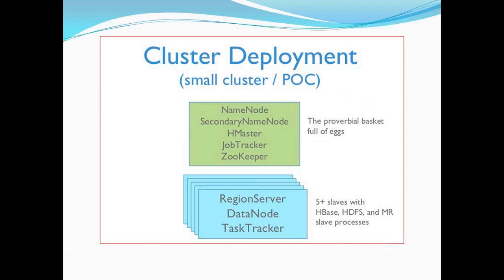Down below you will see the slaves: data node and task tracker from the Hadoop perspective, region server from the HBase perspective. It depends again on the type of business case you are trying to solve as well as the amount of data that you are trying to store. That's how you will configure these numbers. But the architecture of HBase internally is pretty much similar to what you have seen at HDFS level, which is in a master slave type of configuration.